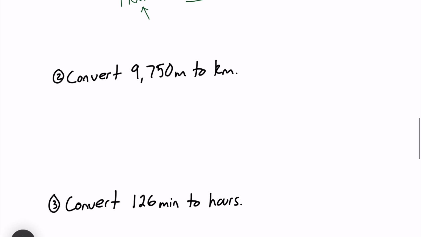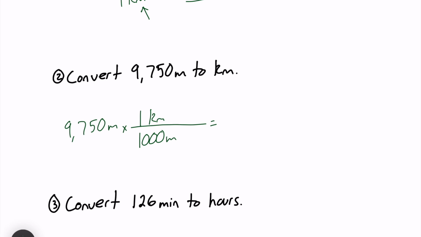We have to convert 9,750 meters to kilometers. So again, we will just begin with what we know. So we have 9,750 meters, but this time the units that we want on top is actually kilometers. So we'll put 1 kilometer on the top, and you can probably guess we will have 1,000 meters on the bottom, and that should get us our answer.